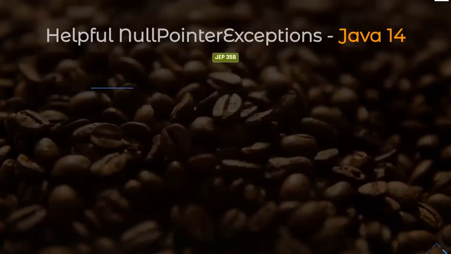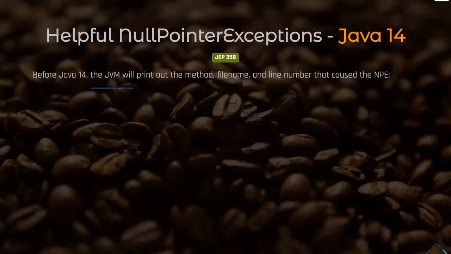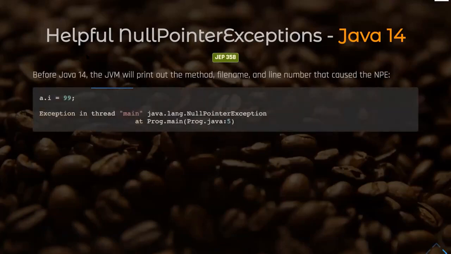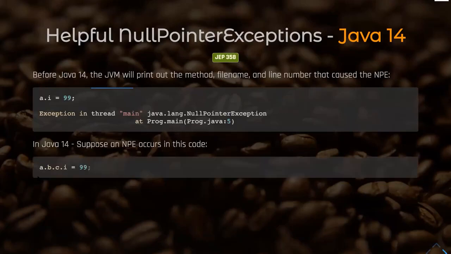Also another great feature that I liked is helpful null pointer exceptions, which we introduced in Java 14. Because if we have something like this, you will get this exception. You have a null pointer exception, but you don't know where exactly it is. If you have more complex cases like this, a combination like A.B.C.I, and you get a null pointer exception, you don't know which one is pointing to null.